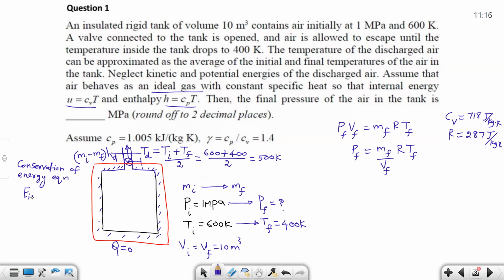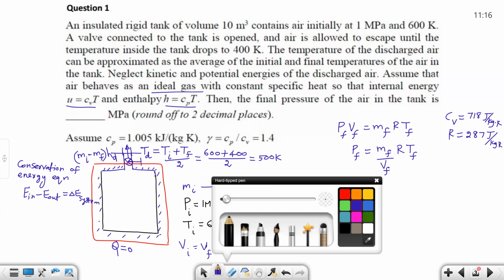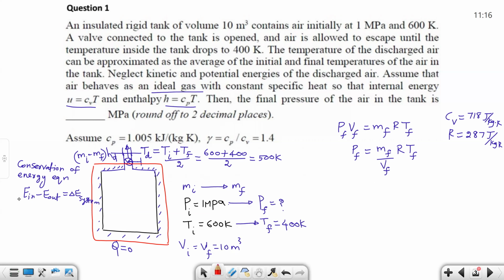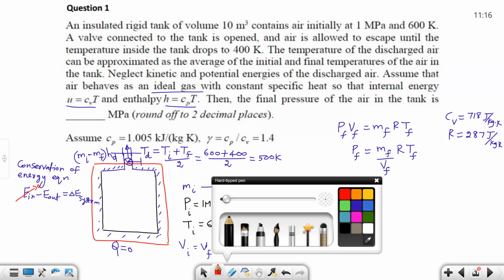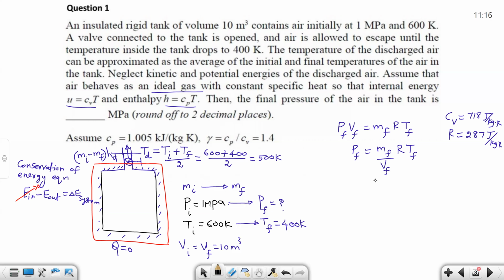Energy in minus energy out is equal to change in energy of the system. There is no energy going into the system, so energy in will be 0. There is an energy out. What is the energy out?